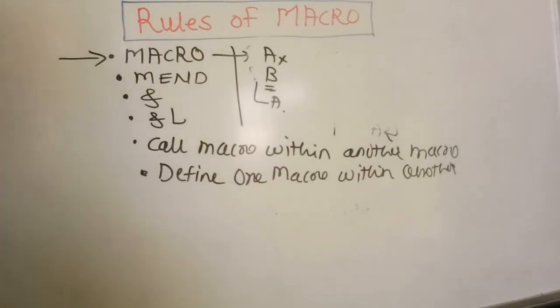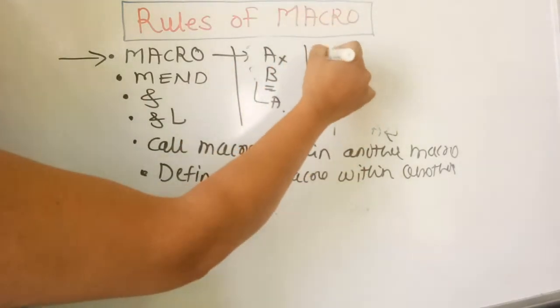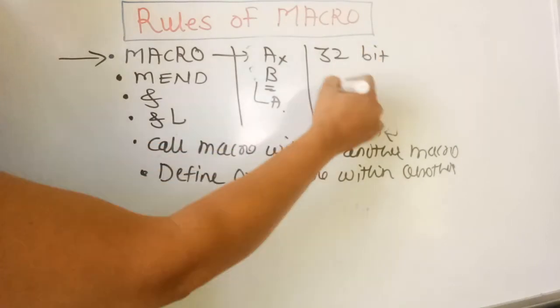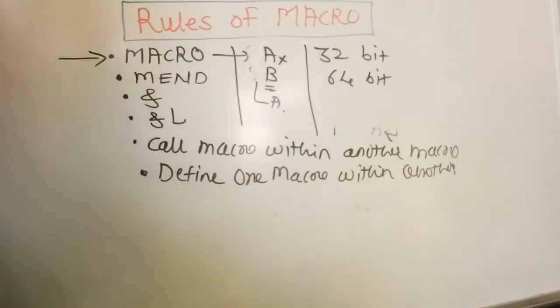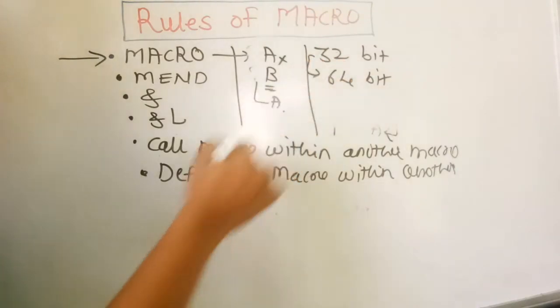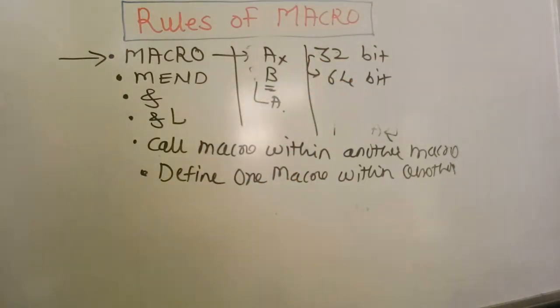These are the rules for macro programming, but there is one restriction: these rules can change from one microprocessor to another. How can it happen? I will give you one example. When you are using a 32-bit processor and a 64-bit processor, all the systems or notations change, because both systems have a different mechanism of representing values or data.